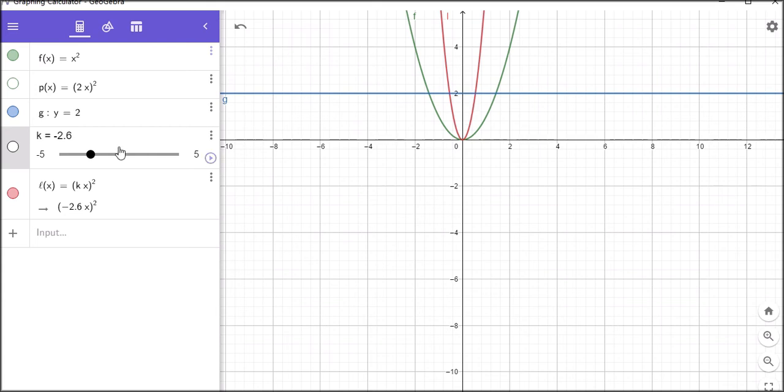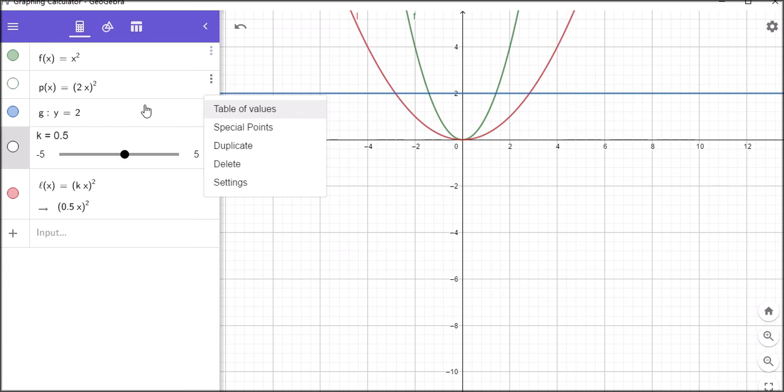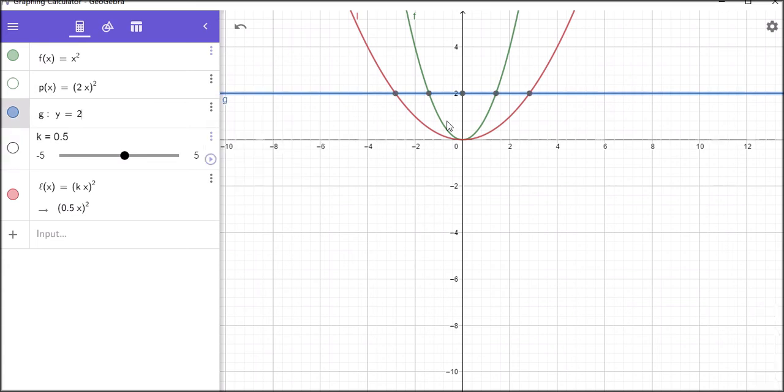And change this one to positive here, and here we set k to 0.5. What has happened?